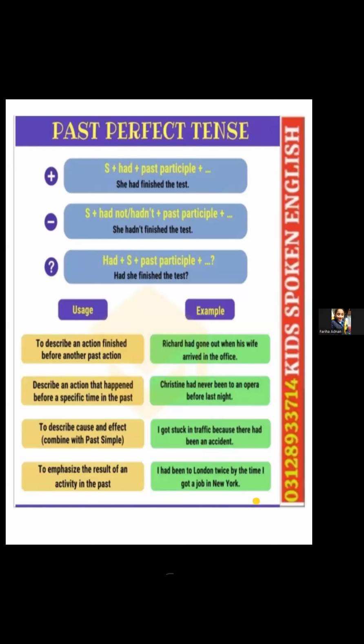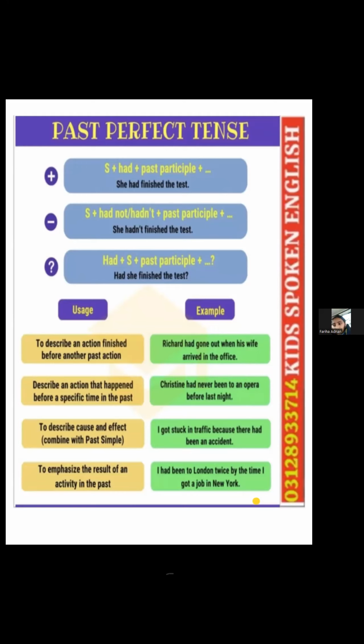So dear students, come on. Just make one sentence. You all have to make a sentence, okay? So Muhammad Umar, kindly unmute yourself. The rain had finished when I go outside. When I go outside, or gone, no, went.